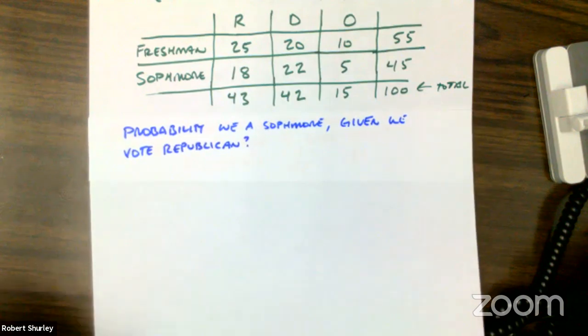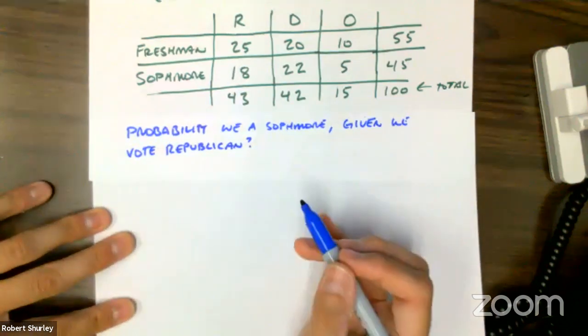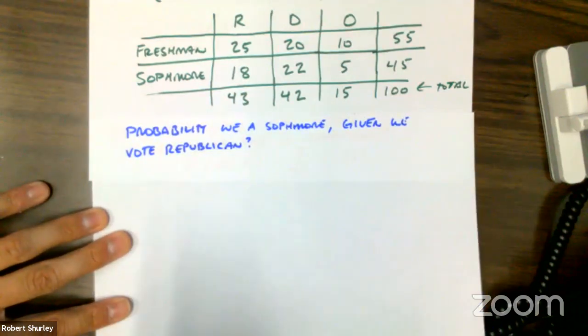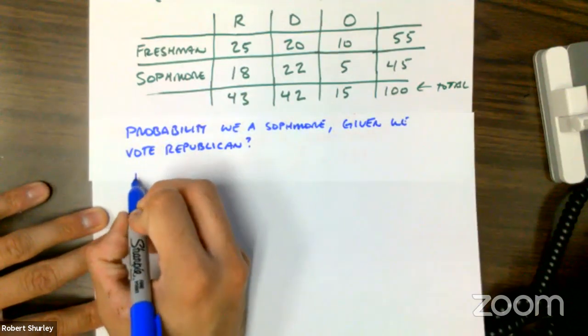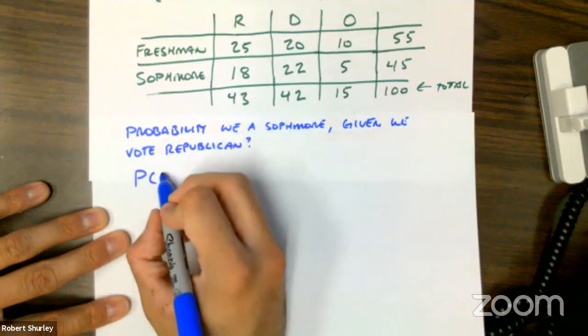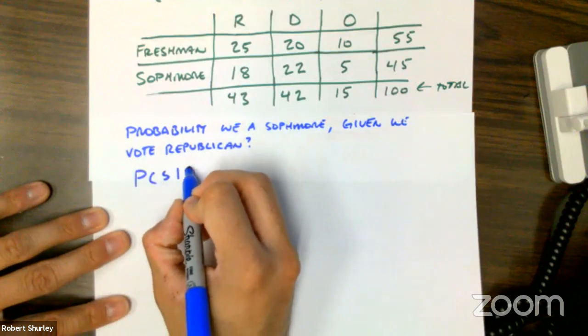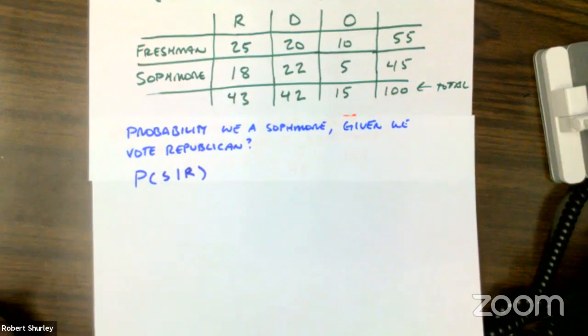So this one's a little different. Now I'm going to introduce the actual formula, the algebraic formula for this. I should say the statistics formula. So the way this looks, and I'll introduce it with this example. Now, if we want to write this down, it's different. Now we're going to say the probability we're a sophomore given we voted Republican, right?